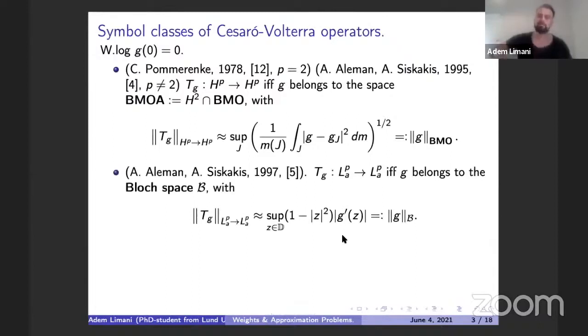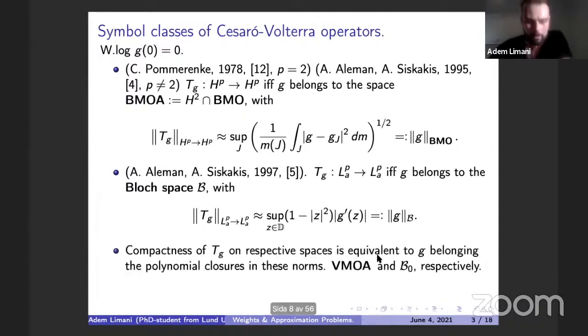And then later, this was done in the Hardy space setting as well. And here boundedness is equivalent to the classical Bloch space, and we have this norm equivalence as well. So in some sense, these operators are understood via these symbol classes, and these are the symbol classes that I would like to emphasize with regard to approximation problems later on.